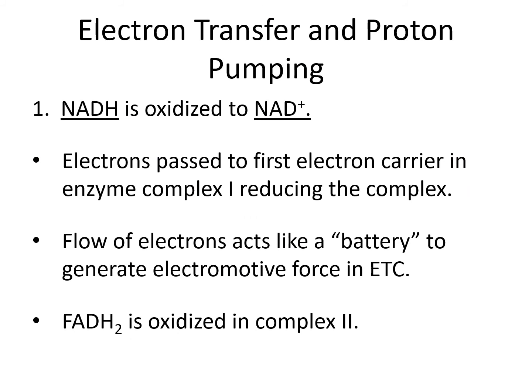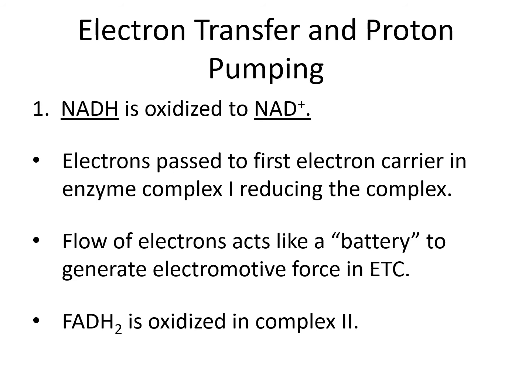And so what's going to happen is the electrons that are carried by NADH and FADH2 are going to be transferred to these electron carriers. So NADH is going to be oxidized back to NAD, and the electrons are passed to the first electron carrier in the enzyme complex 1, reducing the complex.